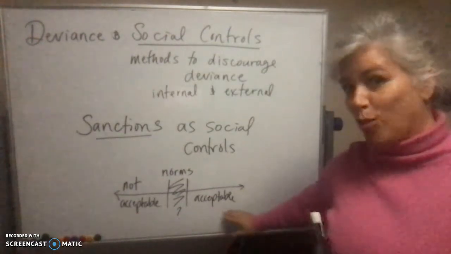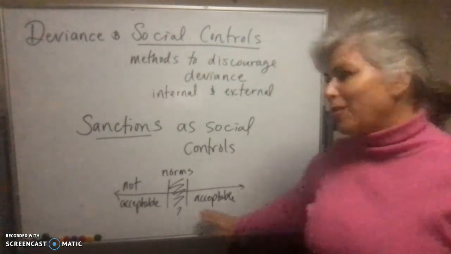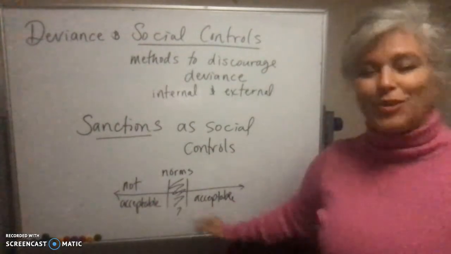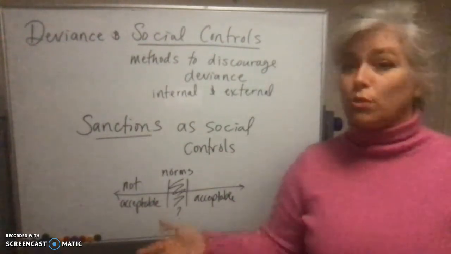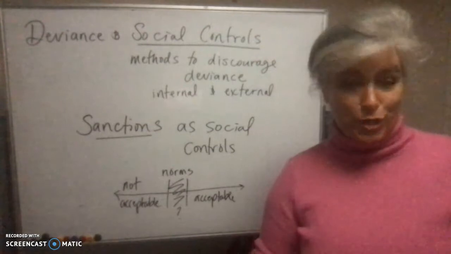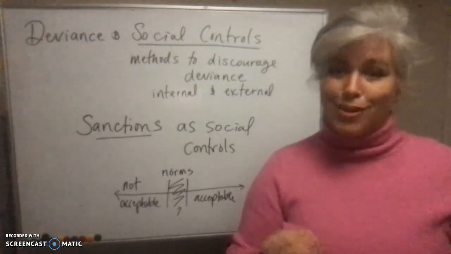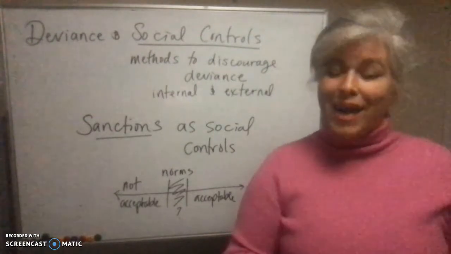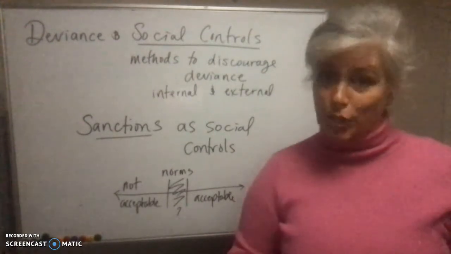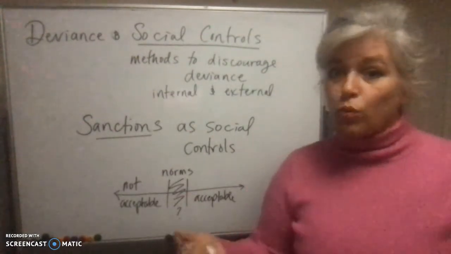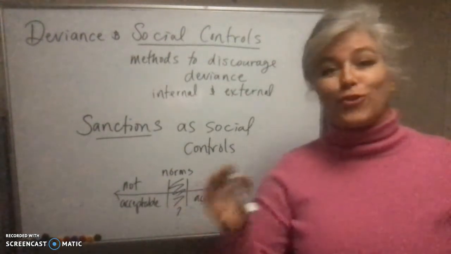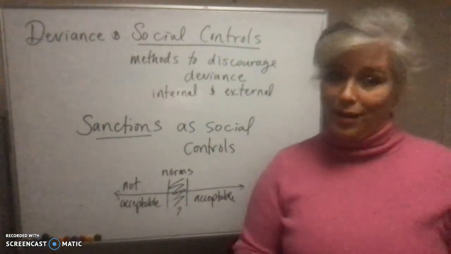Look at my gorgeous artwork down here again. You might remember this picture that's similar to one I drew earlier in the semester when we were talking about norms for the first time. So you can't really fully understand what deviance is unless you go back and review that concept of norms from chapter 2. So norms are rules about social behavior, but there are two sides to the coin.